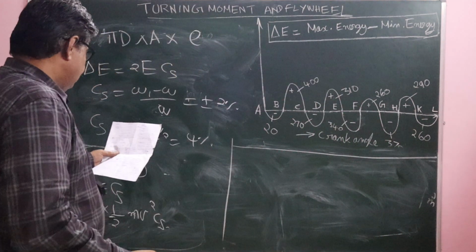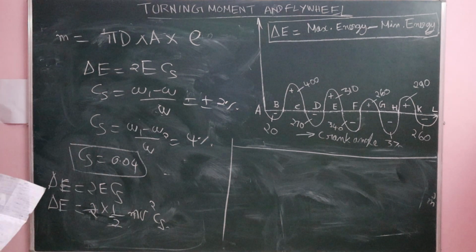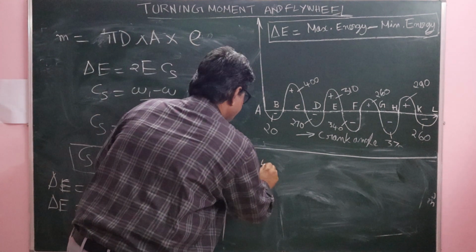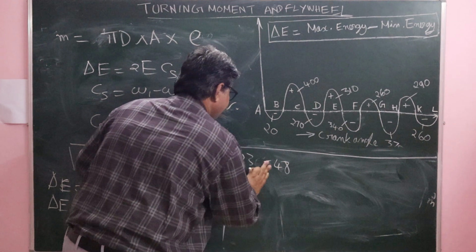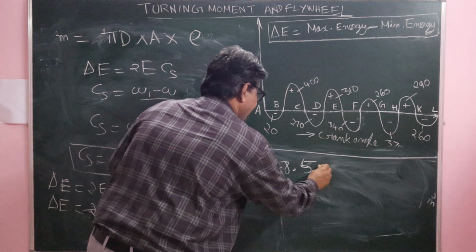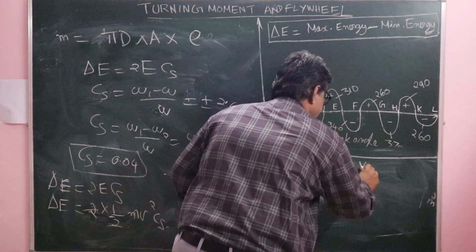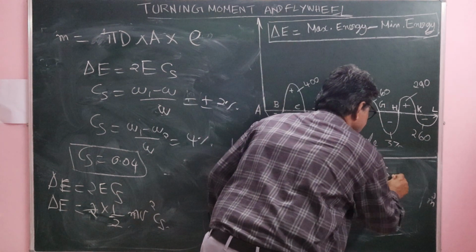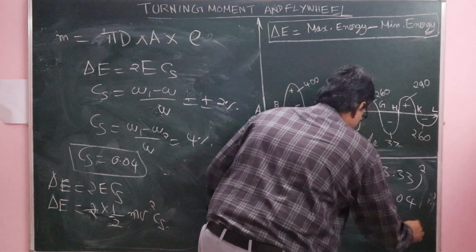Therefore, del E we have found out. So this 2 cancels. V we have found out. Therefore, del E value is 23,548.5 equal to M into V square, 33.33 whole square into 0.04.